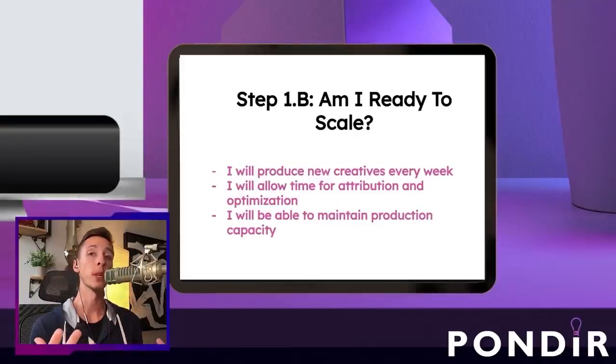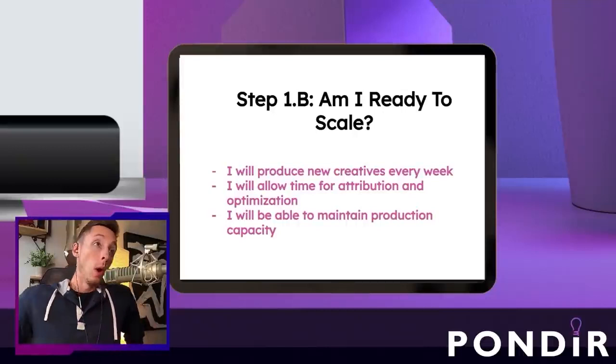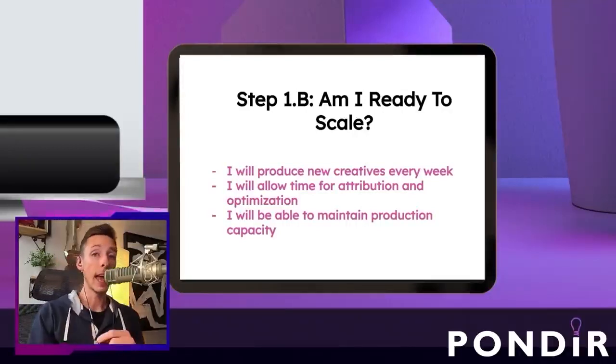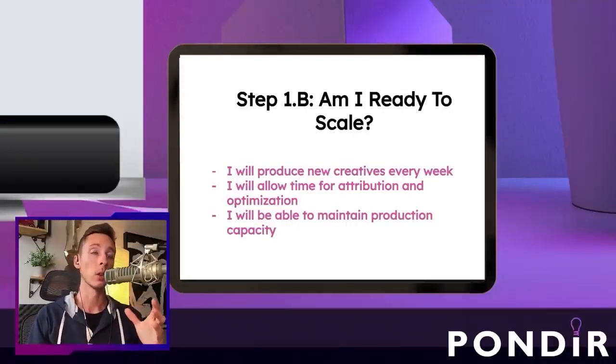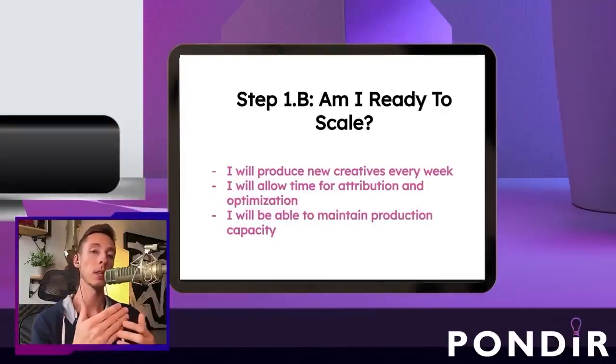As you scale, you're going to start to run into audience fatigue. So let's say you have a couple main interests or lookalike audiences that just are working really well with your current set of ads. What happens when you've really advertised to everybody in those audiences, or at least everyone that is likely to purchase? You're going to see your results start to diminish. And so your option then is to go broad.